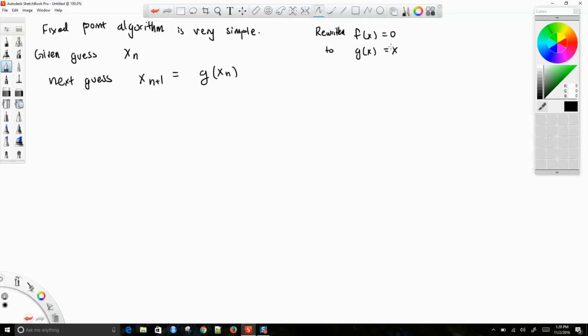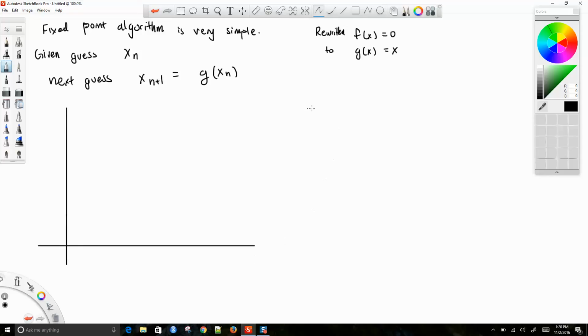And then the algorithm is just to take this, plug that in, g of x, and your next guess is whatever this is, okay? And you're like, well, how does that even work, right? When I first saw this, I was like, surely that can't be right. But it does work, and so let me just illustrate.